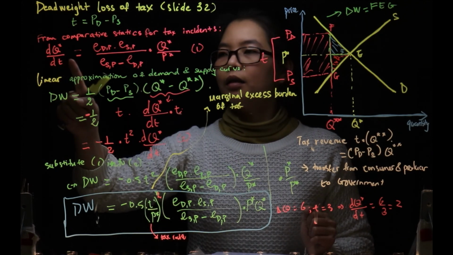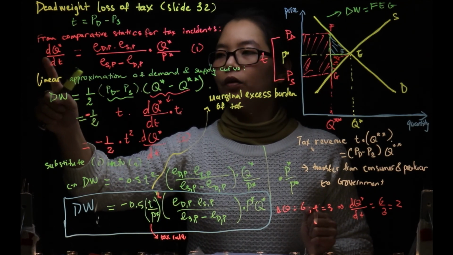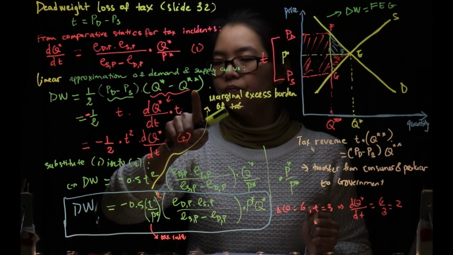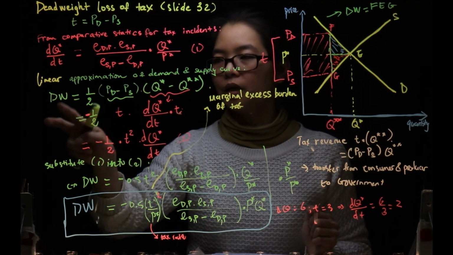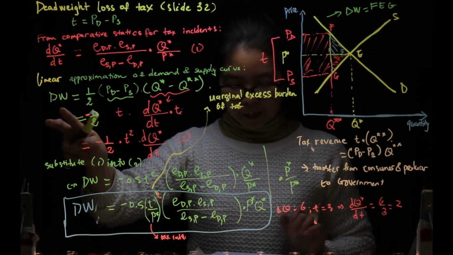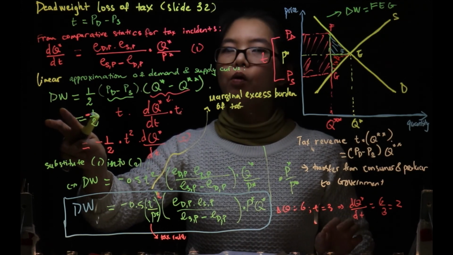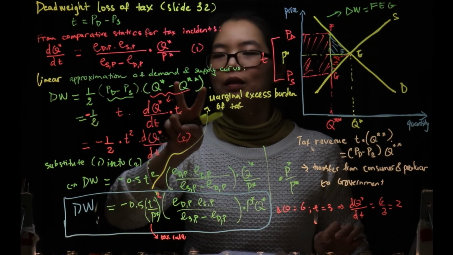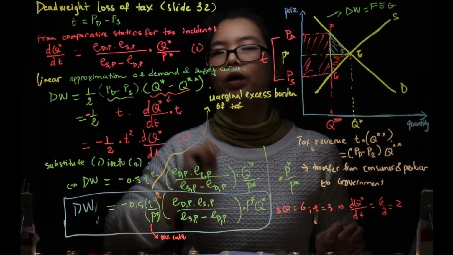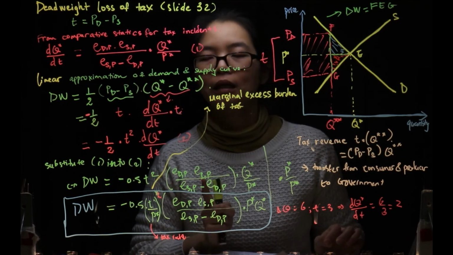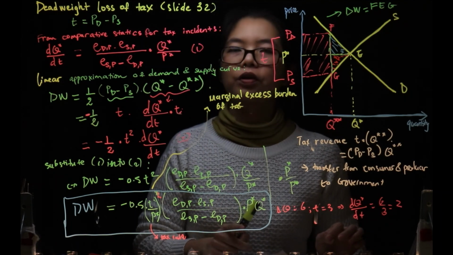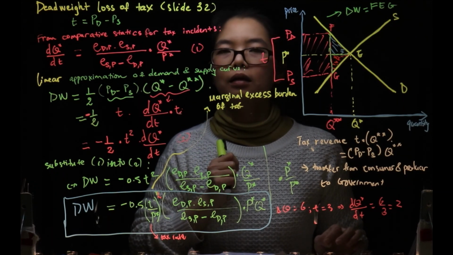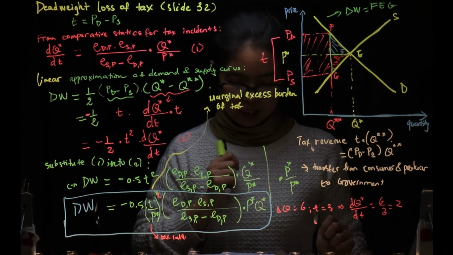Because of this dq over dt, or q minus q star in the calculation of the dead weight loss. When the elasticity is small, meaning there's no quantity adjustment at all, so this is zero. There's no change in quantity, meaning the dead weight loss is zero. That's the extreme case. And from that you can see further, the lower the elasticity, the less the dead weight loss is going to be.